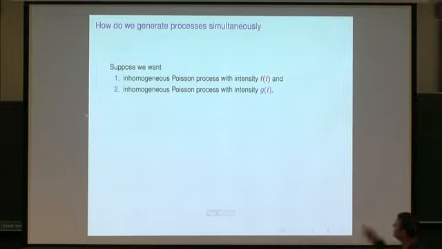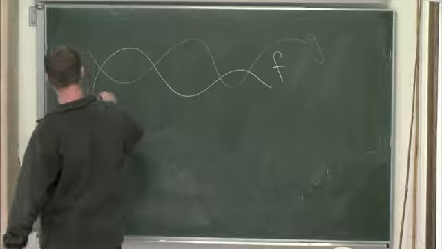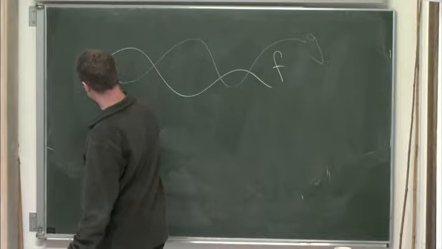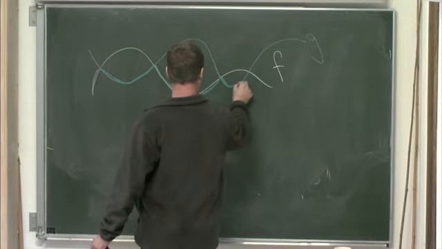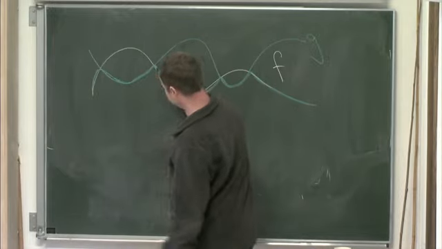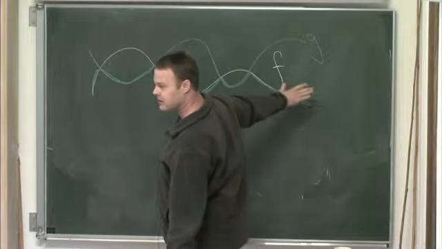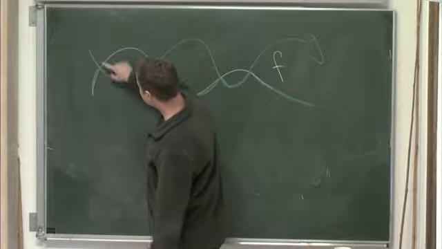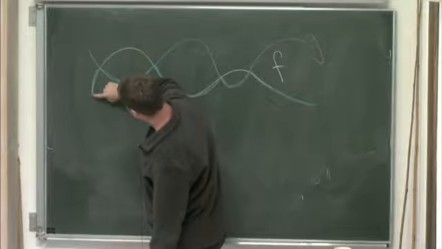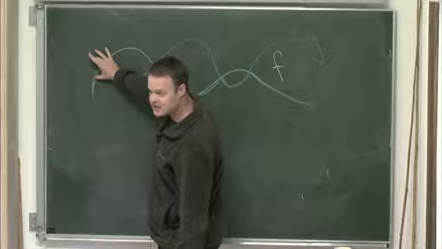So what do you do if you have functions f and g? It's sort of clear, I think. You run them both at the minimum. You have one Poisson process running at the minimum. The minimum is you're running both of them simultaneously, and then for g, when f is the minimum, you just have to have an auxiliary process running at the difference.